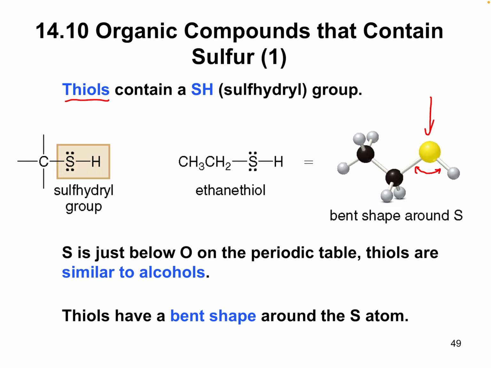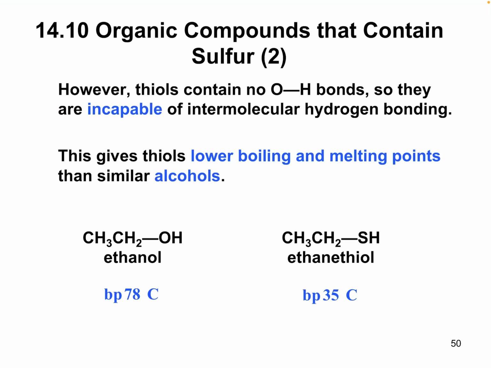Four electron groups around that sulfur, which means that we're expecting a bond angle there of about 109.5, so a bent shape around that sulfur atom. Now, thiols don't have any oxygen-hydrogen bonds, all right?